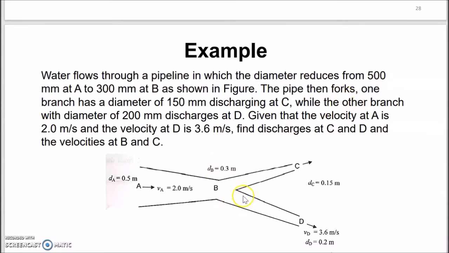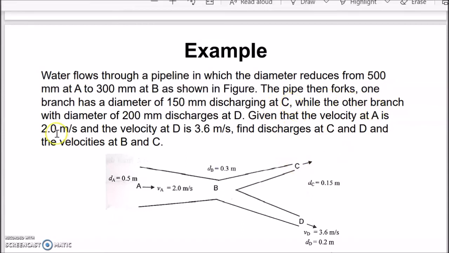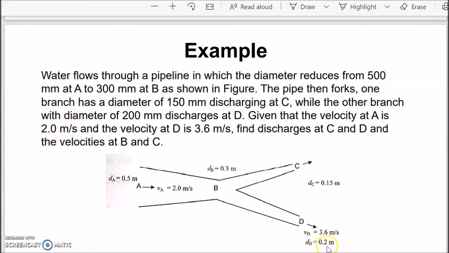One branch has a diameter of 150 mm, DC, discharging at C, while the other branch with a diameter of 200 mm, D, discharges at D. Given that the velocity at A is 2 and the velocity at D is 3.6, find the discharge at C and D and the velocities at B and C.